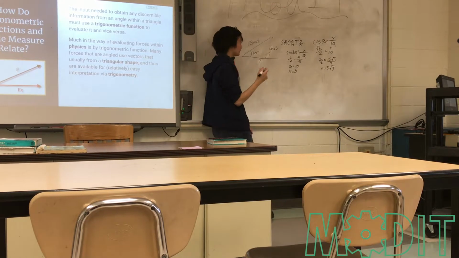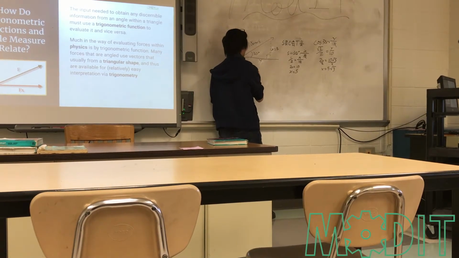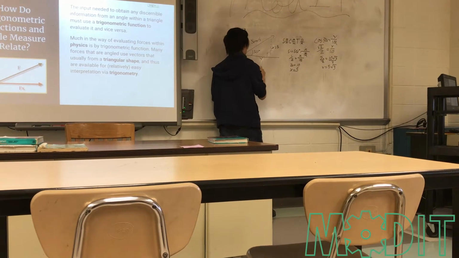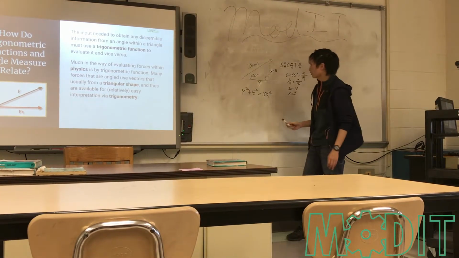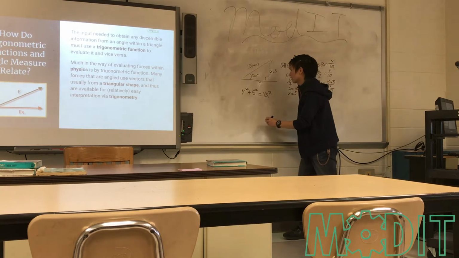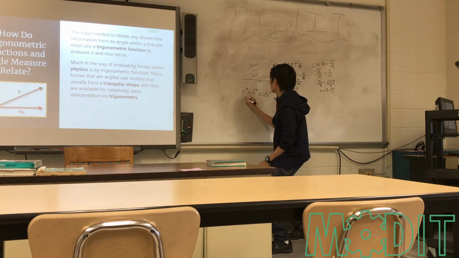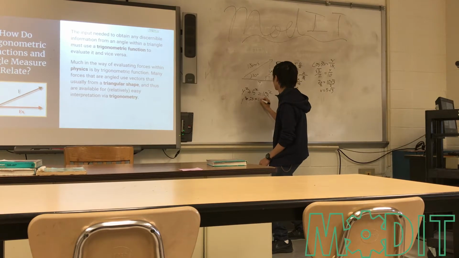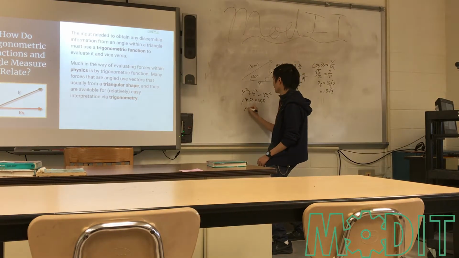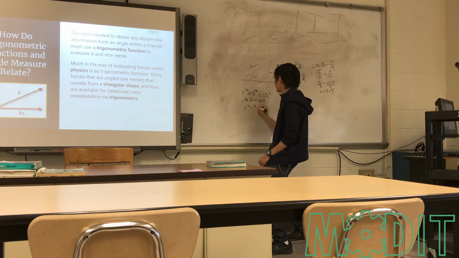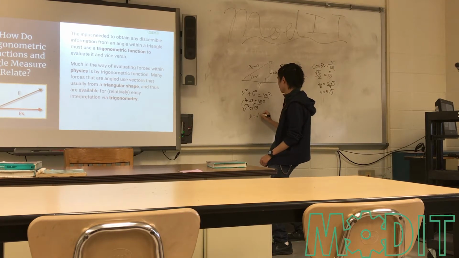You get y squared plus 5 squared is equal to 10 squared. Now you just square these, and you get y squared plus 25 is equal to 100. Then you subtract 25 from both sides, so you get y squared is equal to 75. Then you take the square root, and so y is equal to the square root of 75.